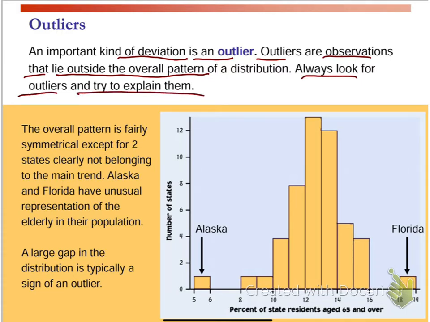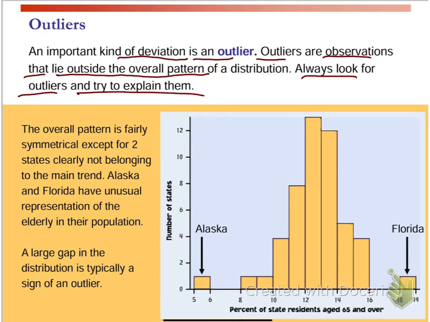When you find an outlier in your distribution, usually, as part of your investigation and drawing of a conclusion, you have to explain why these outliers exist, or you have to mention them, or it might be requested by the professor in the question set that you explain why these outliers are here.